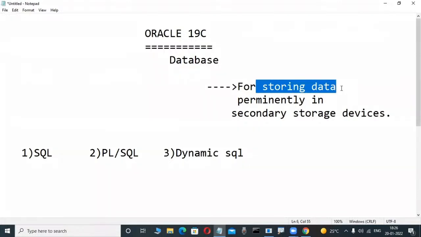But that is absolutely wrong. It is not only storing data, so many things are there. Actually, databases are not only about storing data, but also about efficient retrieval of data, which is important. Suppose, for example, observe the screen.